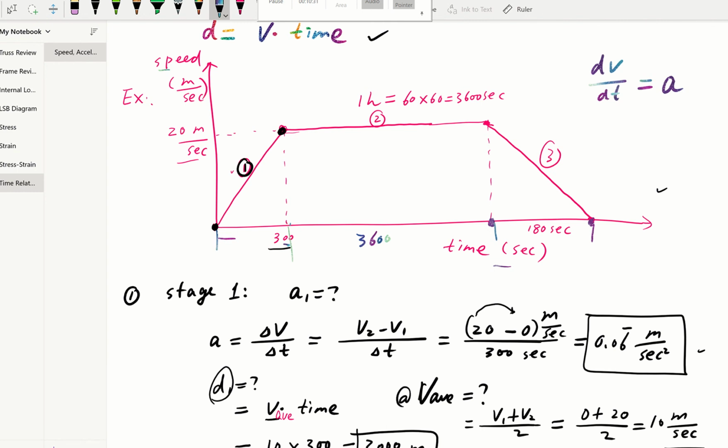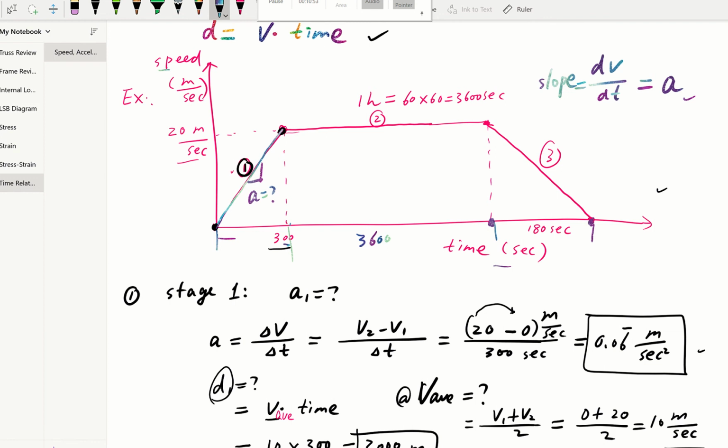And derivative means slope. So in other words, we can just look at this graph to figure out the acceleration, because the acceleration for this stage 1 will be just the slope of this linear line. That's going to be our acceleration.